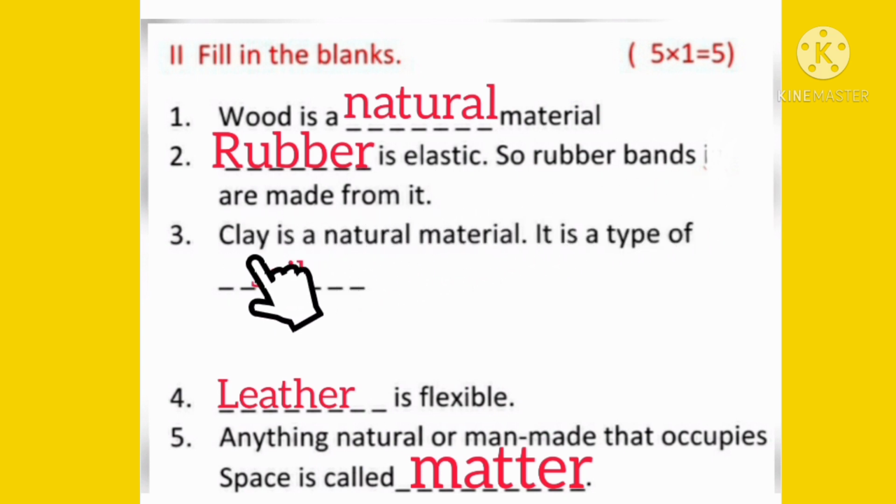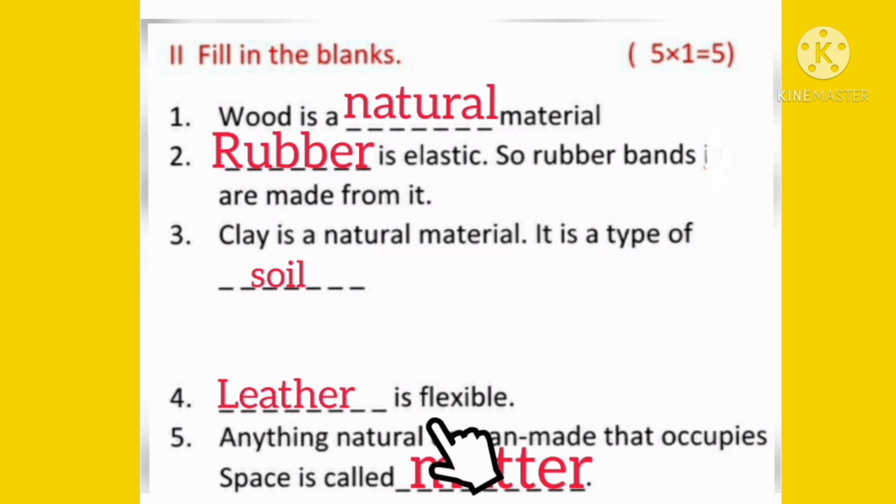Next one. Clay is a natural material. What material? Natural material. It is a type of what? Soil. Very good. Clay is a natural material. It is a type of soil. Next one. Leather is flexible. Which is flexible? Yes, very good.